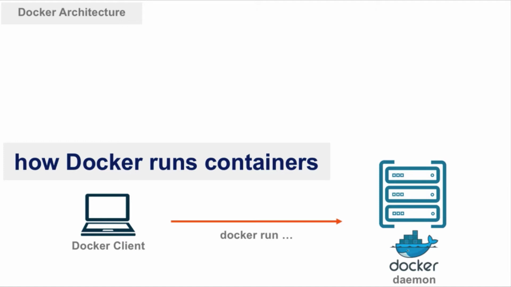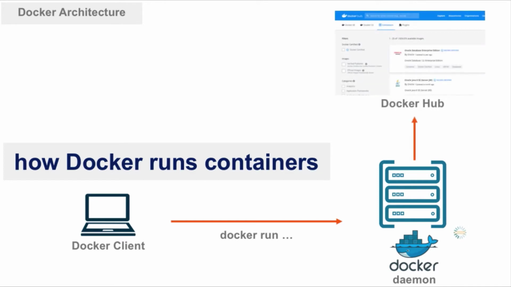If not, the first thing it needs to do is reach out to a public container registry, and by default, that's the Docker Hub. The Docker Hub contains, well, not all, but the majority of the publicly available images. Think Apple App Store or Google Play Store.